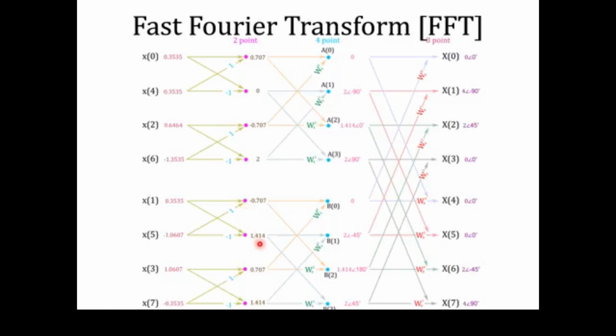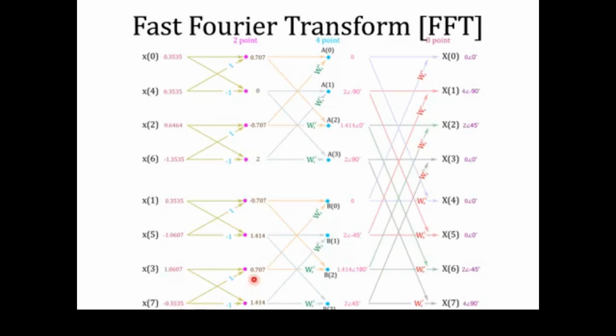Now let's come to this output. Here we are adding 0.3535, which will appear as it is, and here we have to multiply minus 1.0607 with minus 1 before addition. So it will become 0.3535 plus 1.0607, which will make it 1.414. Now let's come to this sample. Here 1.0607 plus 1 into minus 0.3535.